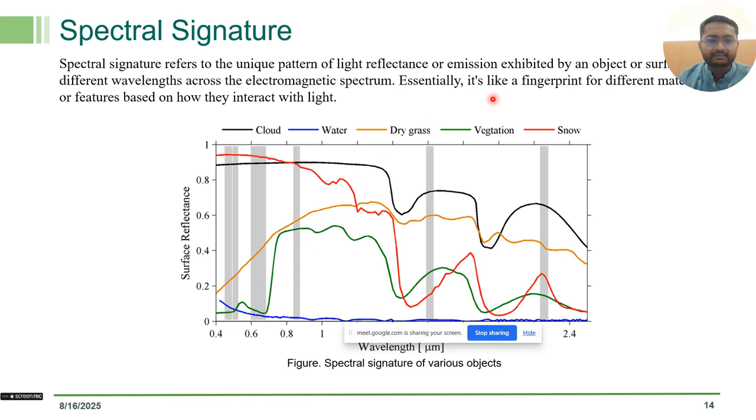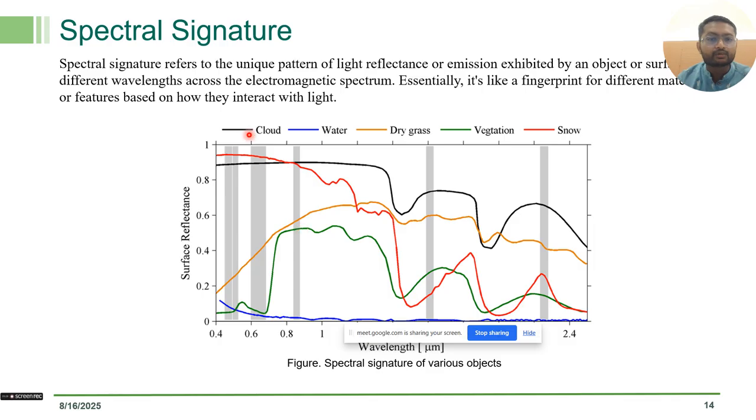If you take this green line, you can see around 0.4 to 0.7 is your visible spectrum. So the RGB bands will come into this. Now this one is the near infrared region after 0.8. Here you can see the vegetation has high reflectance.